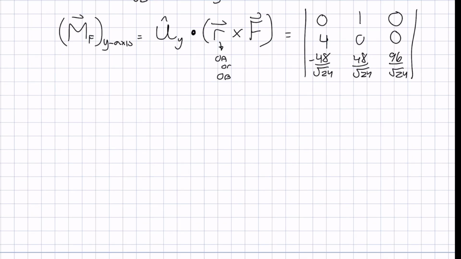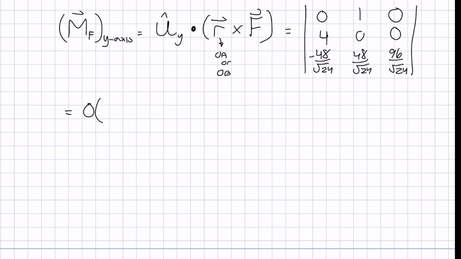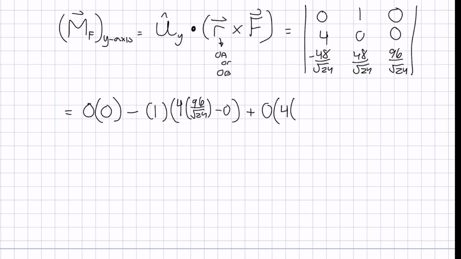So the triple scalar product is going to give you a 0, and then minus, because of the j hat, the 1 times 4 times 96 over root 24 minus 0. And then once again on the top, it's 0, and this will be 4 times 48 over root 24 minus 0. But as I said, it doesn't matter because that whole term turns out to be 0.